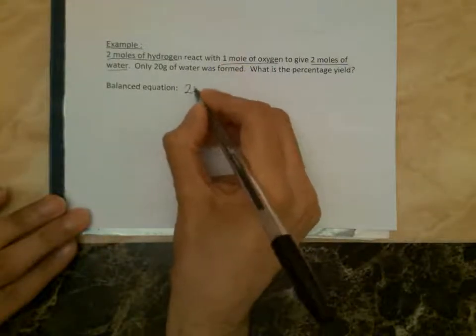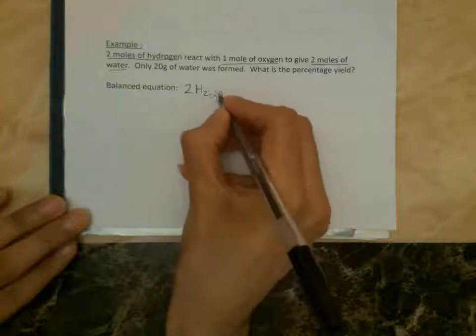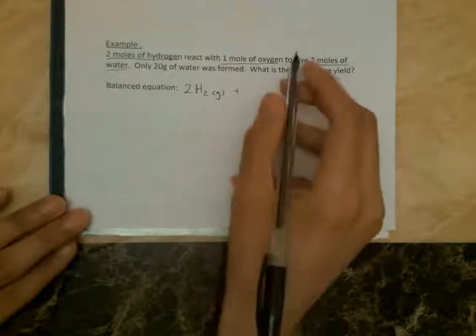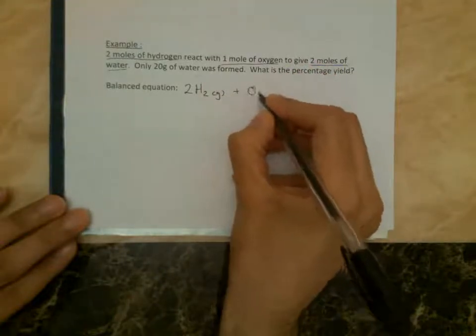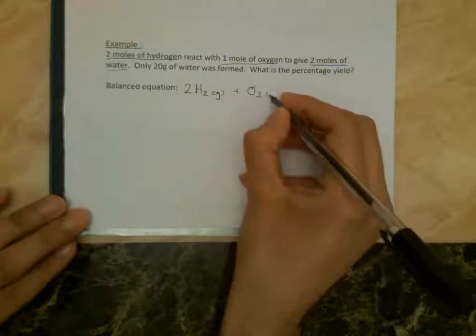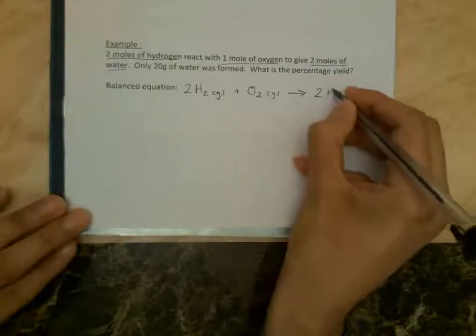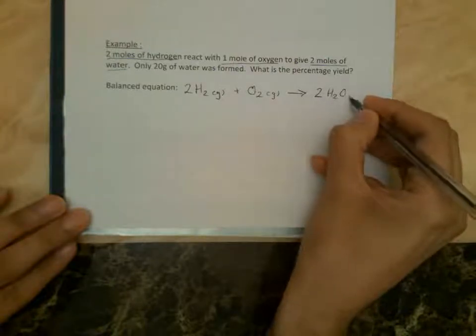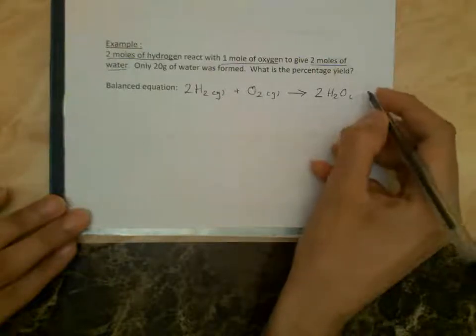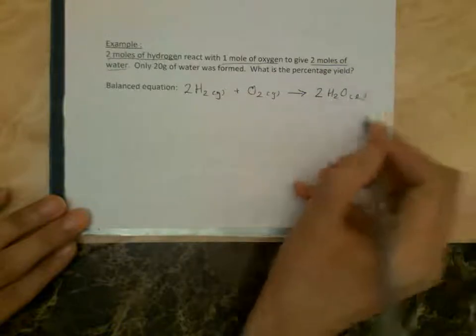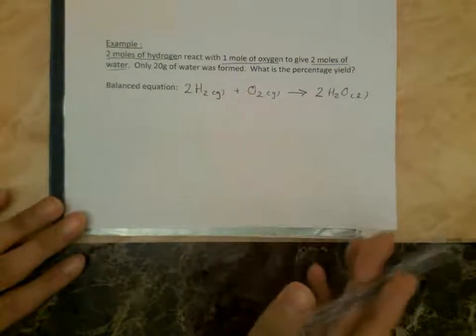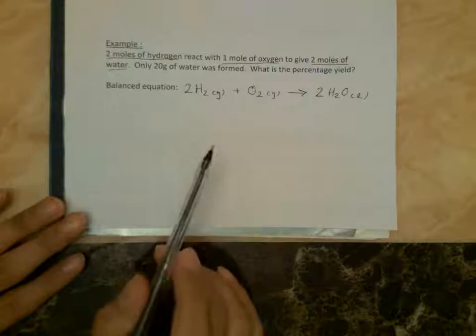So from that, you should pick up straight away that we're going to get our balanced equation, which is something along these lines. So 1 mole of oxygen, and it gave us 2 moles of water. Now, that's our balanced equation.